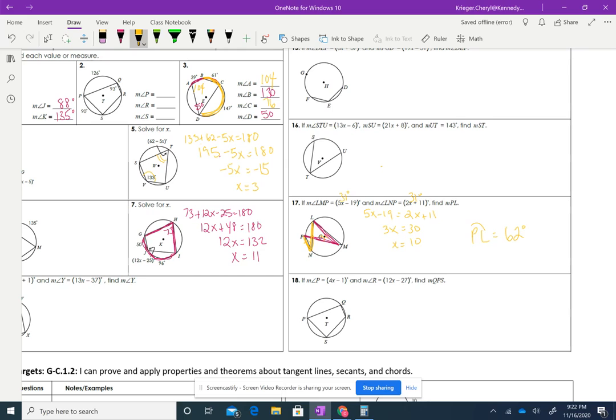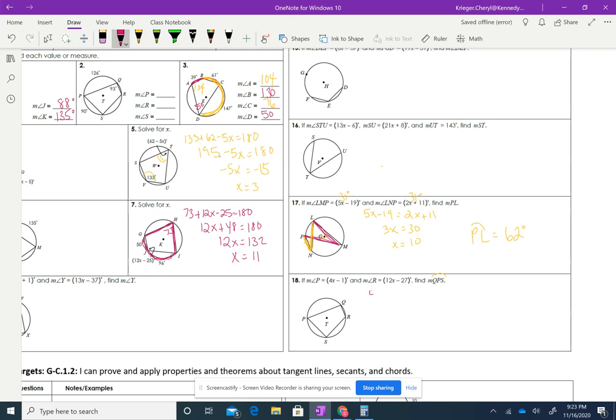Okay, number 18 says the measure of angle P is 4x minus 1, R is 12x minus 27. Find arc QPS. Oh, sorry, dropped my tablet. Didn't go far. All right. So we know angle P and R are supplementary, so that's how I'll start.